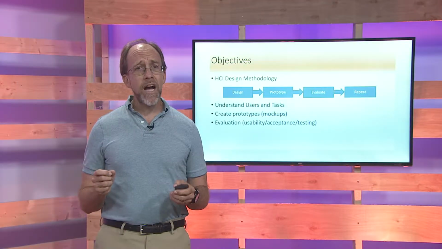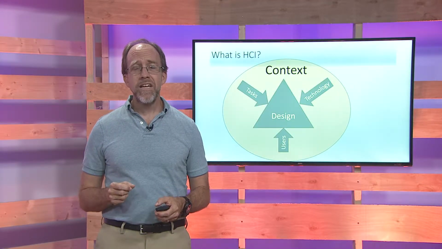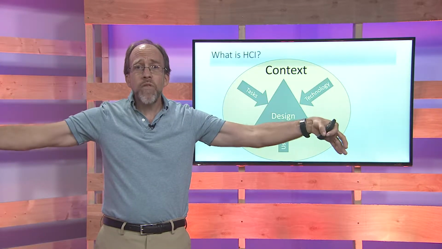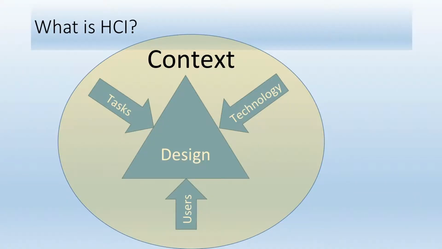Now, all of this design occurs within a context, and a context is the overall everything that goes with that design. So looking at it from 30,000 feet, the context in HCI involves the users, the tasks that need to be performed, and the technology that they're going to actually use to perform those tasks.